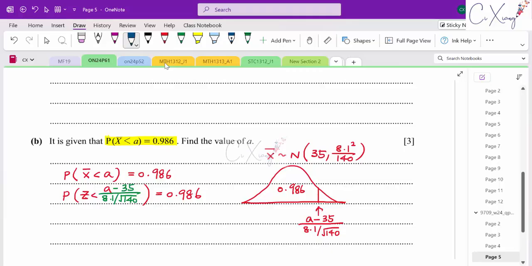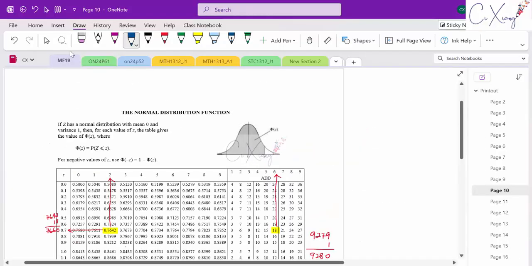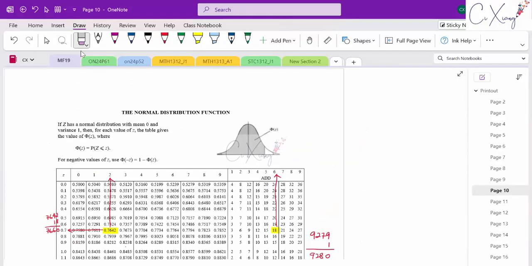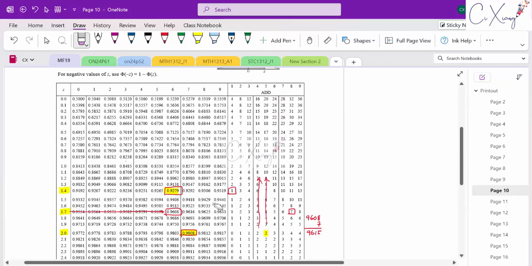So I want to find the value of Z and then compare it with our formula. To look for Z in the reverse way from the normal distribution table, you need to look for the whole area below. So for 0.986, you find the probability from inside to outside, because inside is the probability and outside is the value of Z.